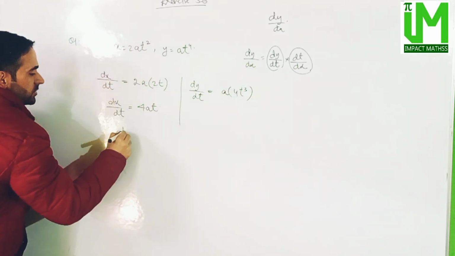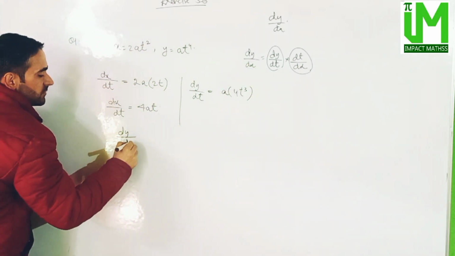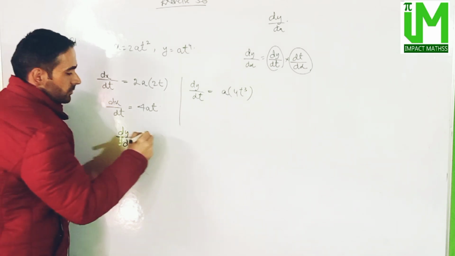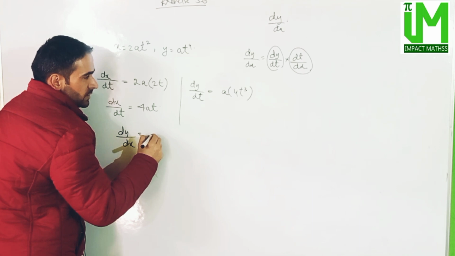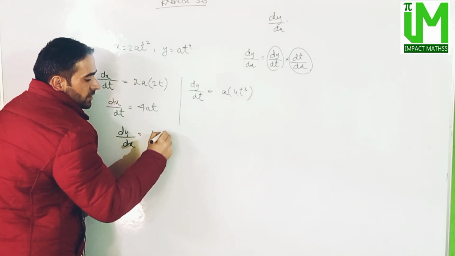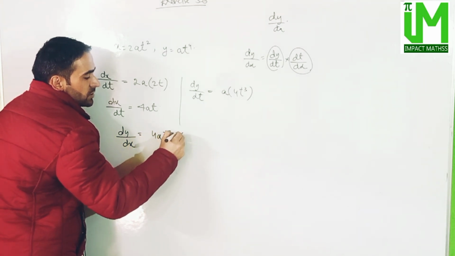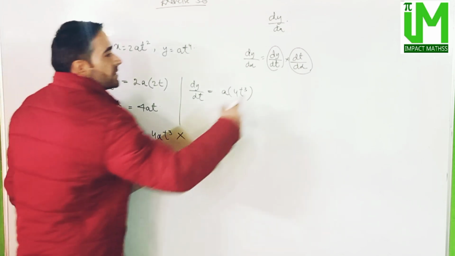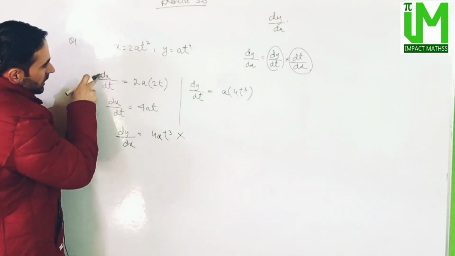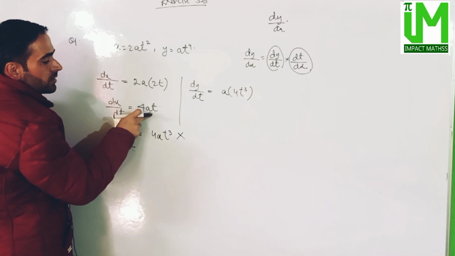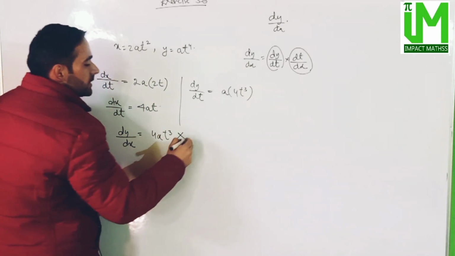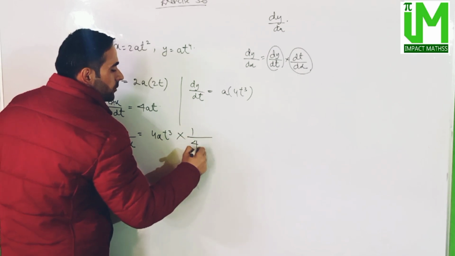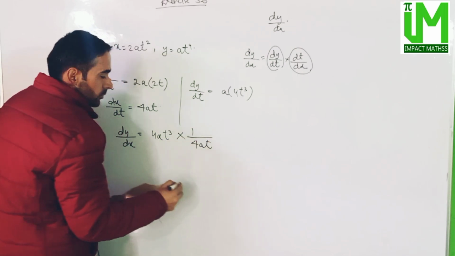So dy divided by dx will be equal to dy divided by dt, which means 4at cube, into dt divided by dx. We have dx divided by dt equal to 4at, so we take the reciprocal. What will that be? 1 divided by 4at.